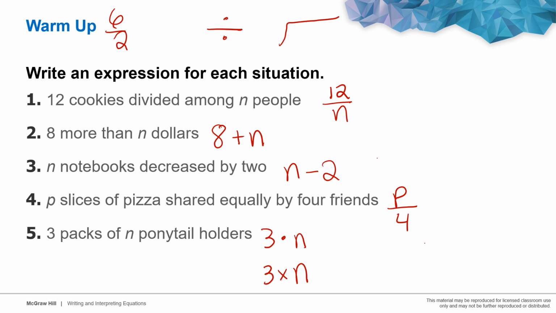There's one more way. Like if I just write them right next to each other. Yeah, if we write something right next to each other, that also means multiplying. So a few different ways we can write that one.